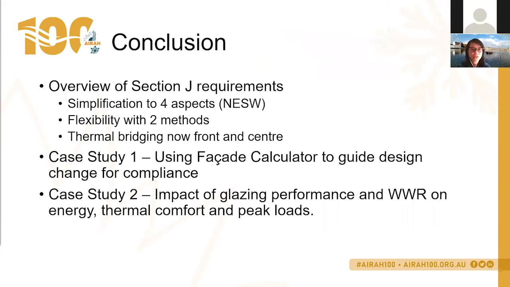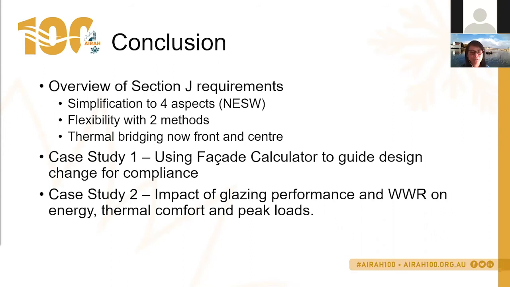All right, so just to conclude the presentation today, I've gone through an overview of the Section J requirements, talked about how it's now been simplified to 4 aspects: North, East, South, and West. I've talked about how you can use 2 methods to comply, looking at it on a piecemeal basis, as well as a holistic area-weighted multiple aspect method. And I've also gone through very quickly how thermal bridging is now front and center.